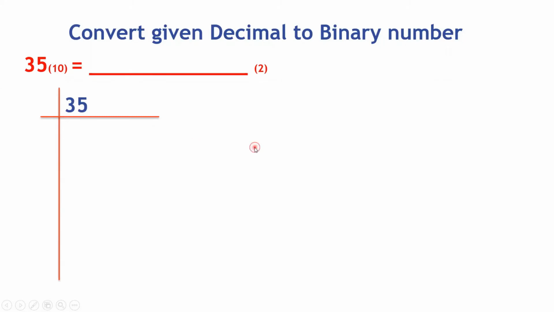35, if I am dividing it by 2, 2 17s are 34, isn't it? So how much is the remainder here?